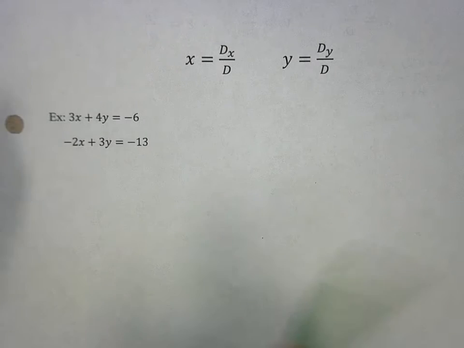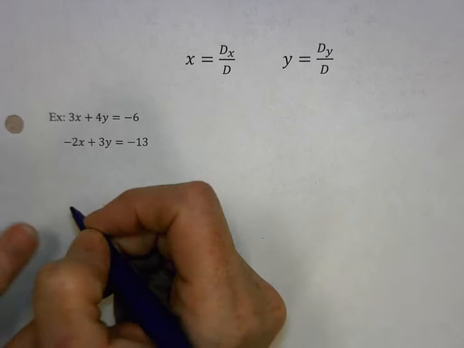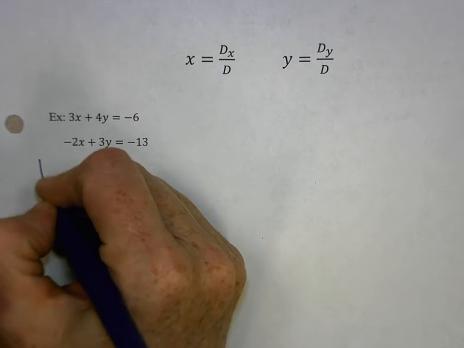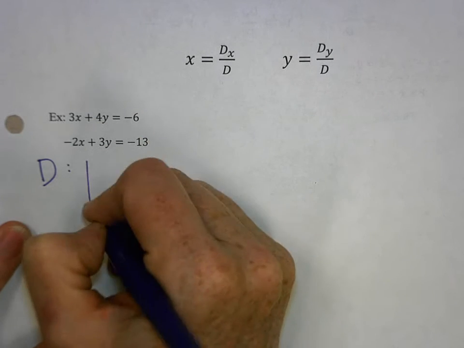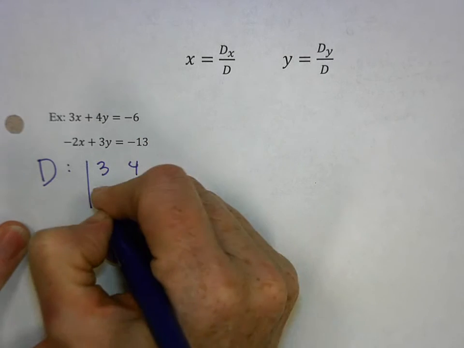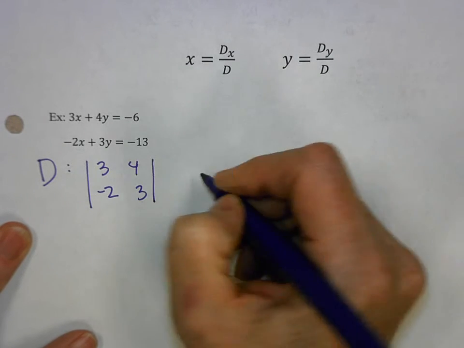So we're looking at this problem. It's a 2 by 2 matrix. It's a 2 by 3 matrix with the answer. So let's see the different D's. Okay? Determinants. So the D is 3, 4, negative 2, 3. Okay. Well, let's solve for the determinant.